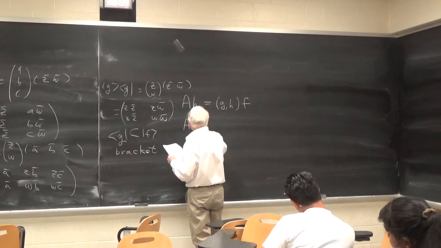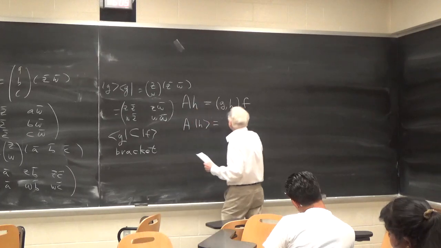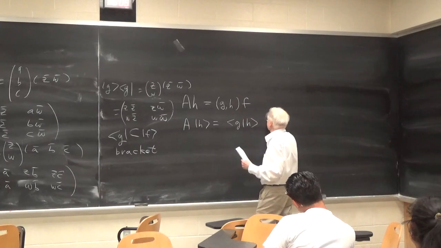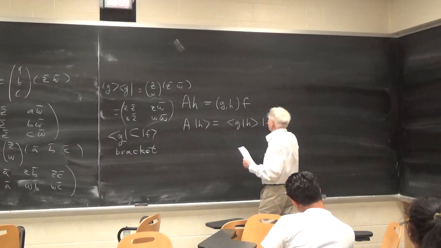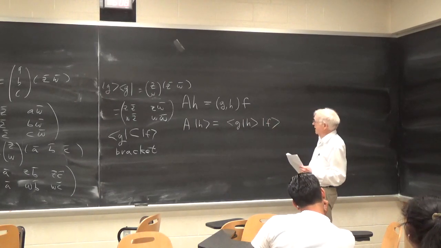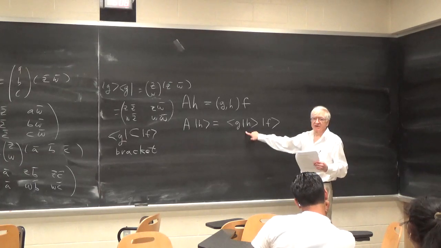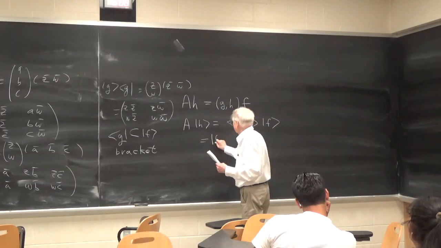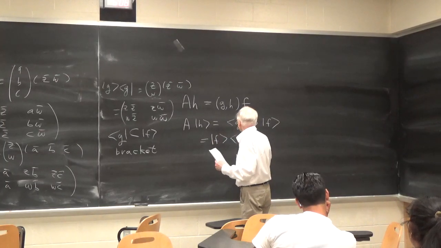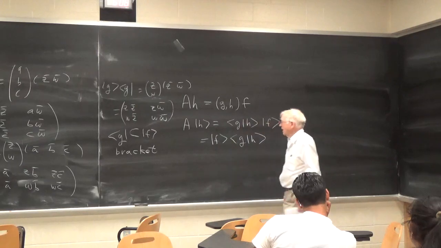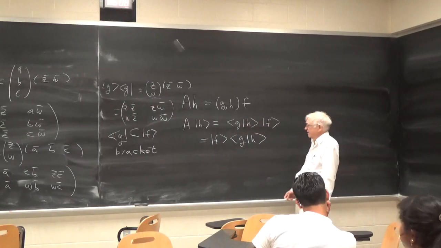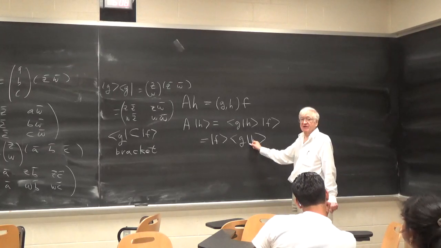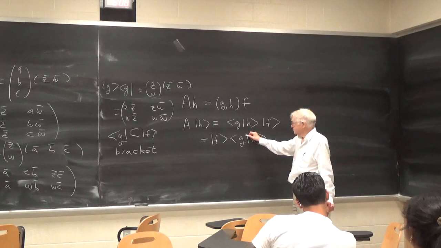It's A on the ket H is equal to the bracket G H times the ket F. Now you see this is just a number, so we can move this vector to the front, and then what we get is F G H. One of the rules in Dirac notation, by the way, is if you have a straight line, you can add another straight line if you want.